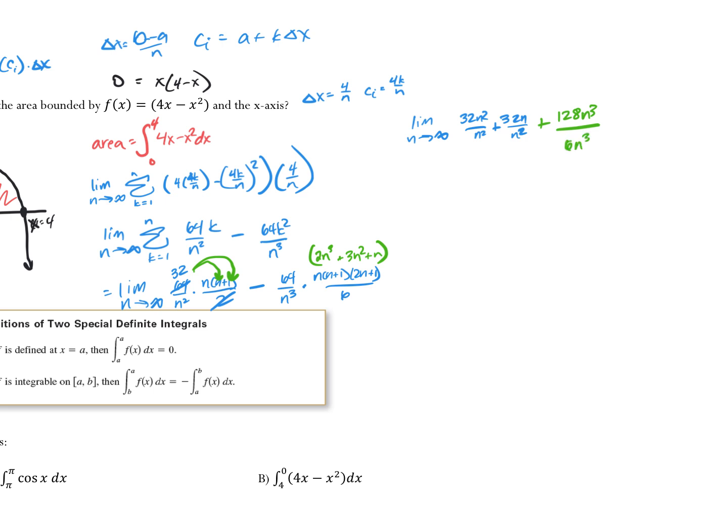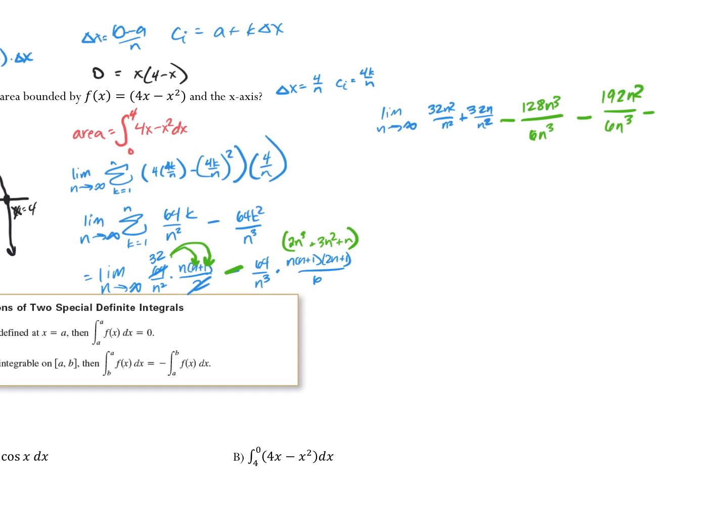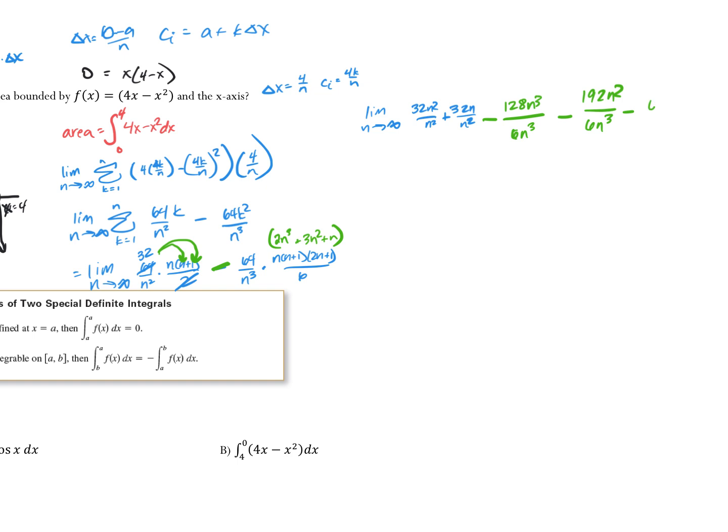What do we do about the minus? Oh, it's actually minus. And that minus is going to get distributed with that 64. So I would have minus 64 times 3, which is 192n squared over 6n cubed, minus 64n over n cubed.